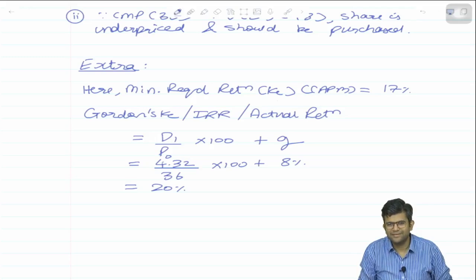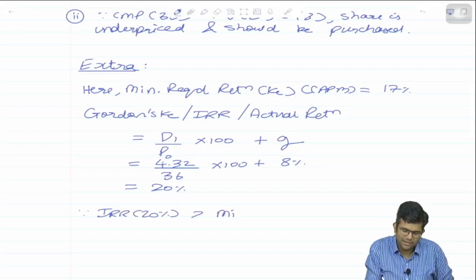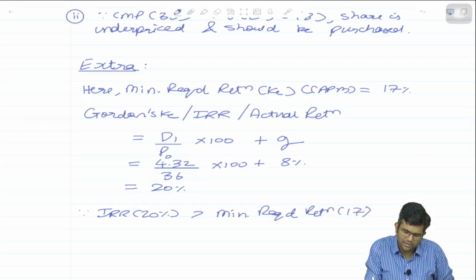Check. Can I say since IRR is greater than minimum required return, are you able to understand what I am saying? Since IRR is greater than minimum required return, the share should be purchased.